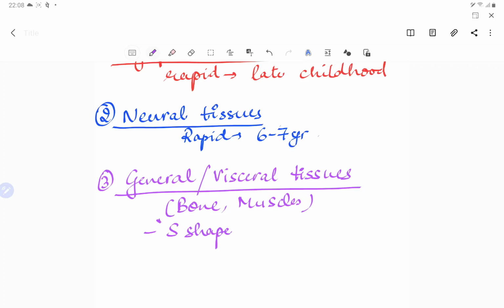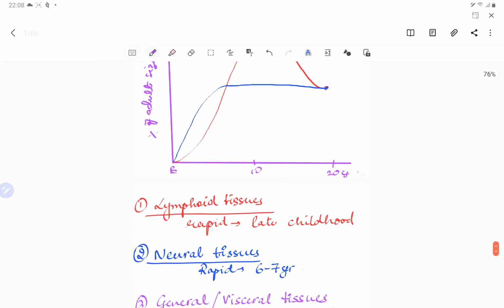This S-shaped curve means there is going to be first a rapid growth up to 2 to 3 years, and then there is a slow phase from 3 to 10 years. And then after 10 years there is accelerated growth.